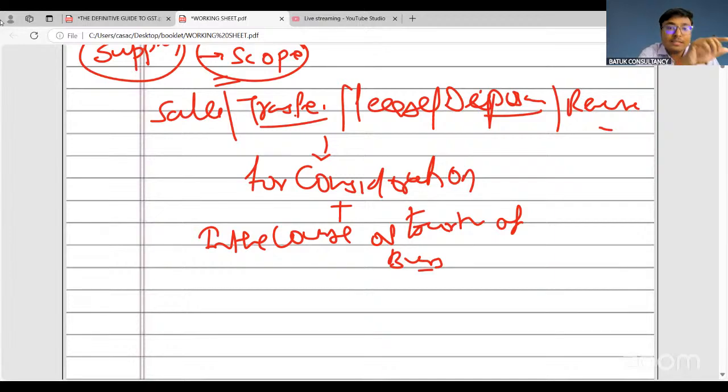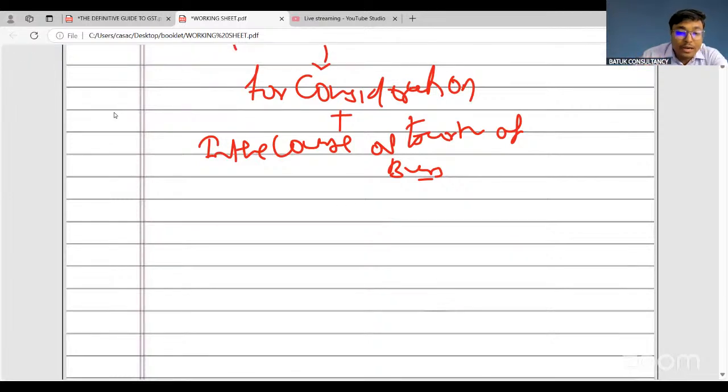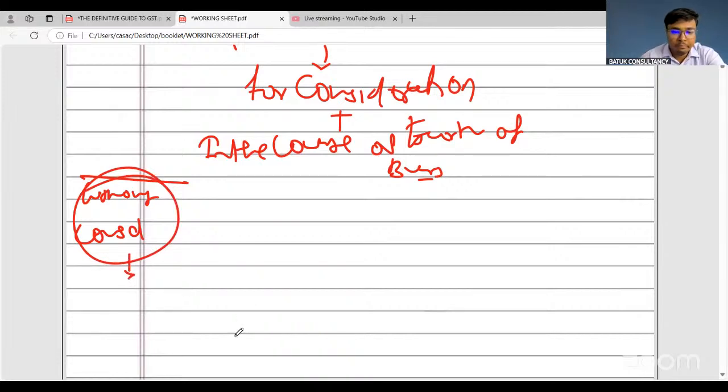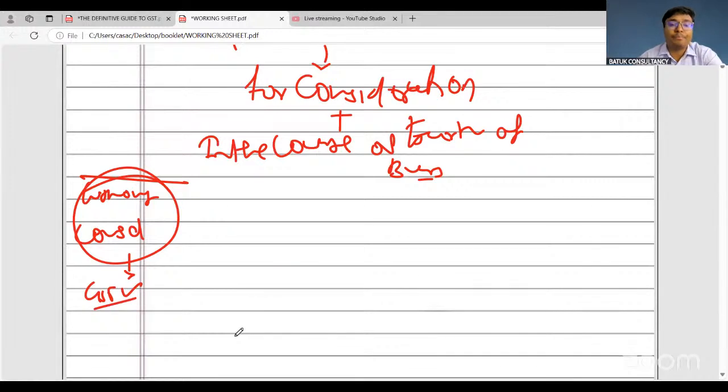Hence the government has inserted a certain condition, and the government said that yes, if you are transferring certain goods or services without consideration, then also GST will be applicable.